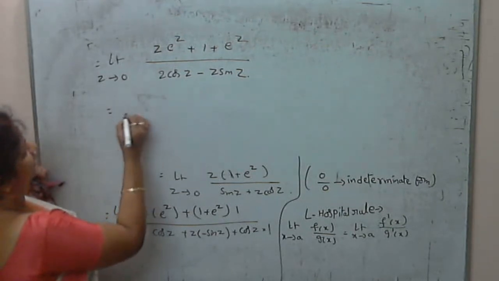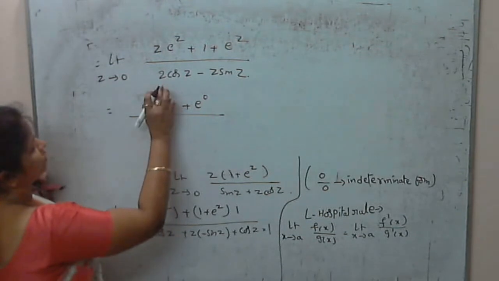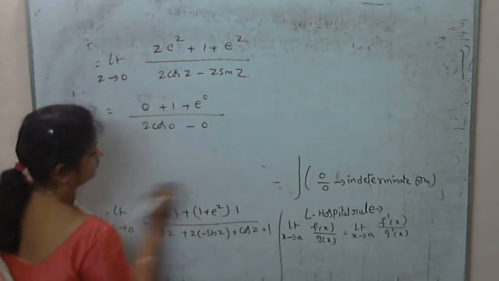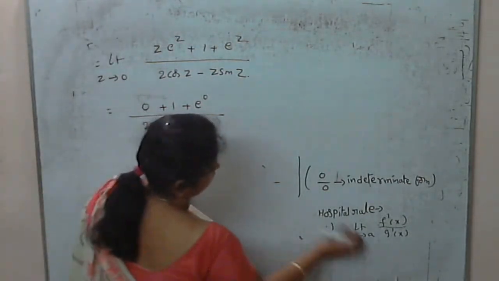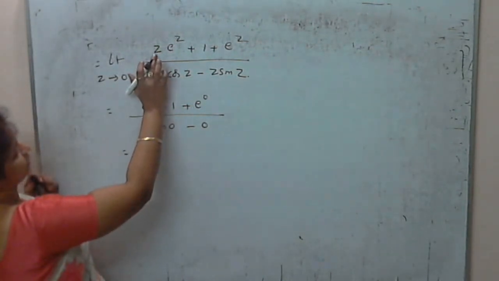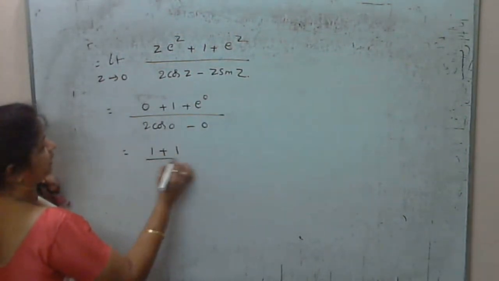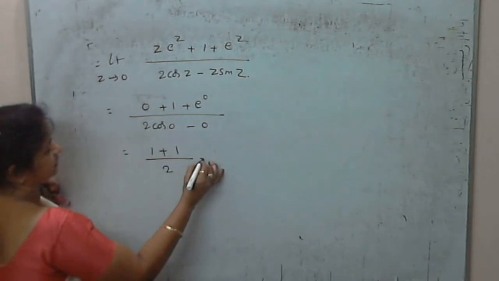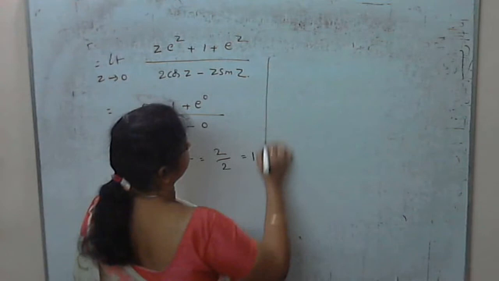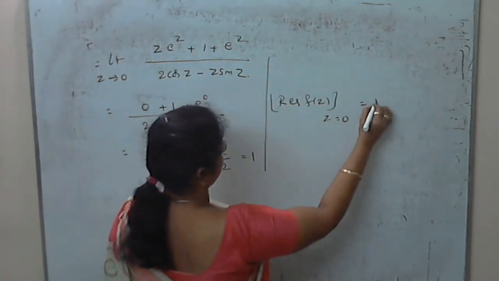That means we will get 0 plus 1 plus e power 0 by 2 cos 0 minus 0. Substituting 0, 0 into 1 is 0 plus 1 plus e power 0, so 1 plus 1 by cos 0 is 1, 2 minus 0, that is 2 by 2, which is equal to 1. So the residue of f of z at z equal to 0 is 1.